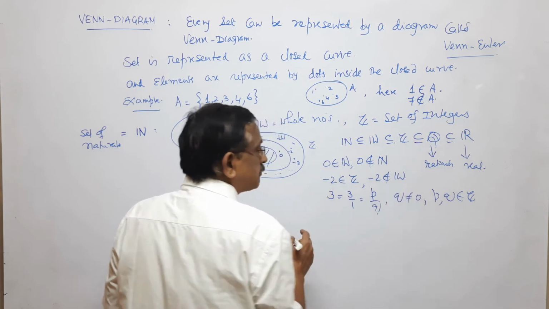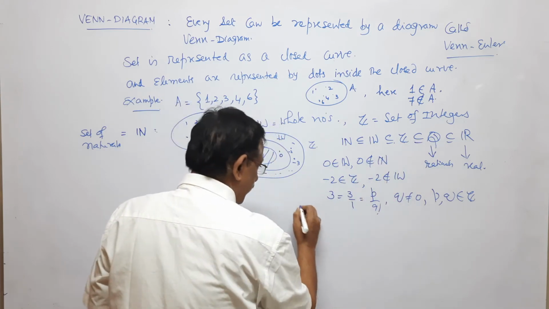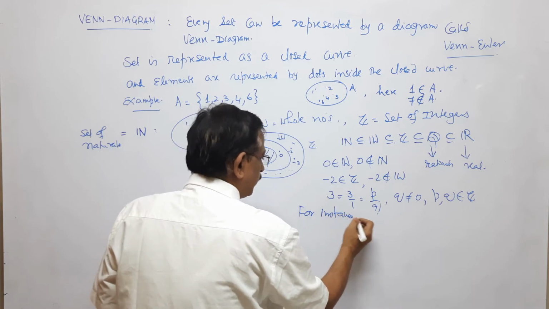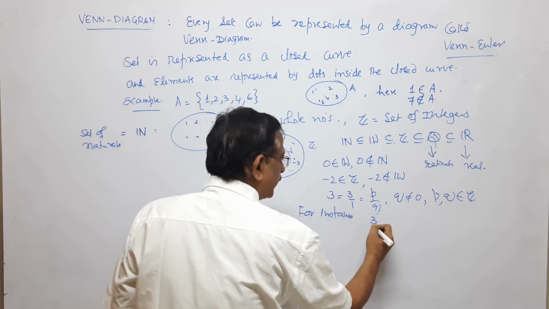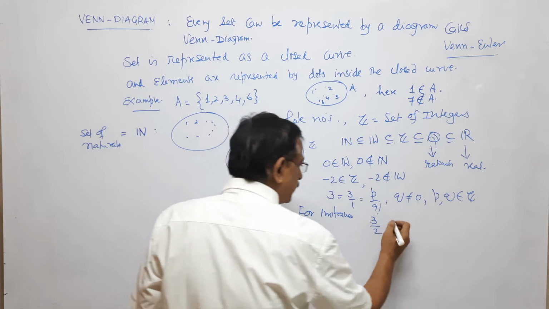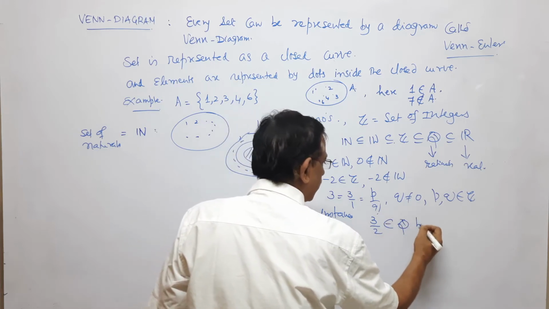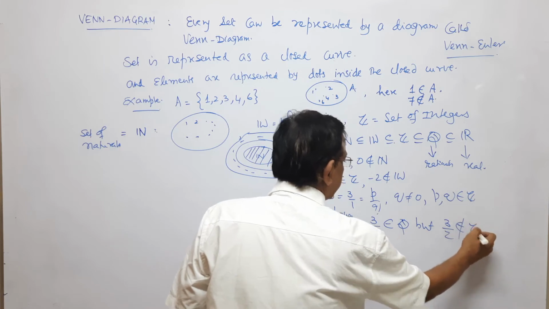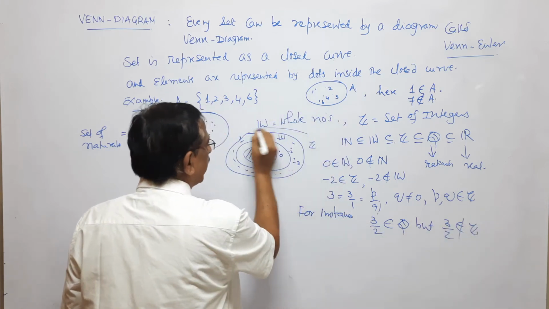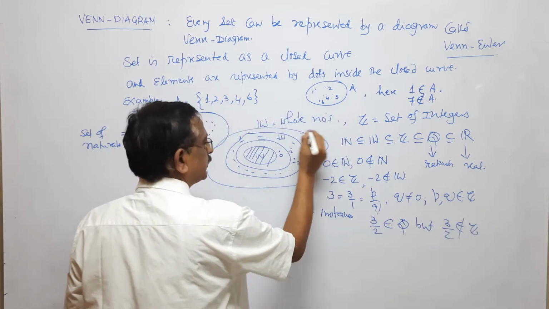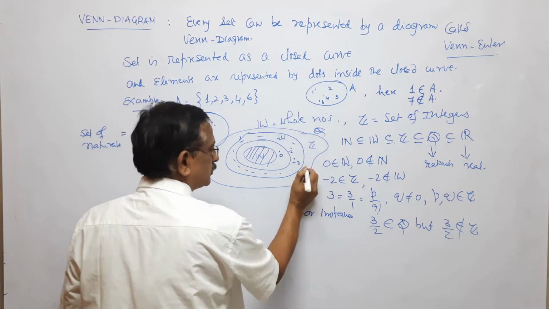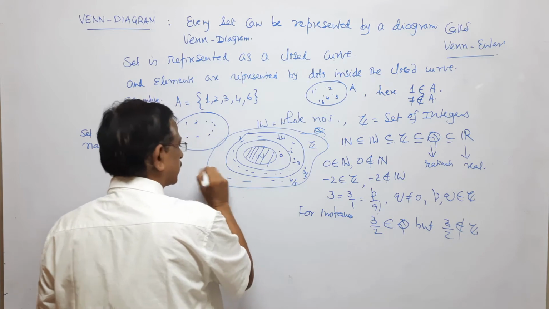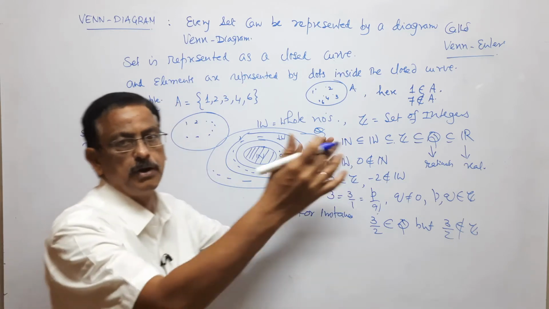But every rational number need not be an integer. For instance, if you take 3 by 2, 3 by 2 is in Q, but 3 by 2 doesn't sit in Z. So if I write down a much bigger set, this is Q. So 3 by 2, 4 by 5, these are the numbers here, and so on.